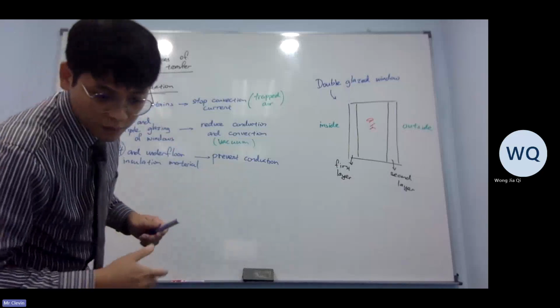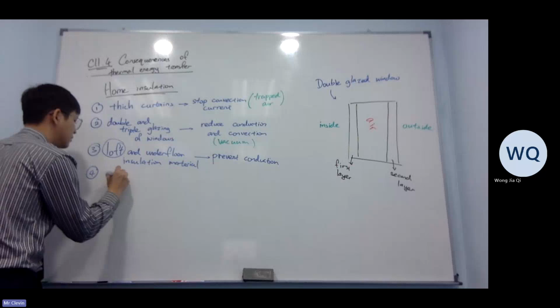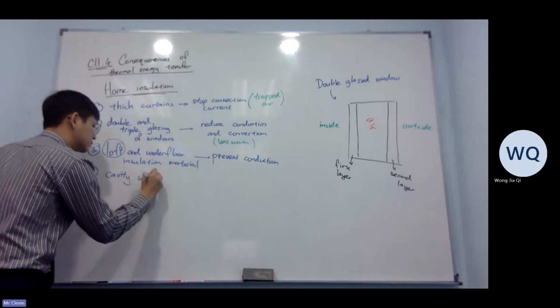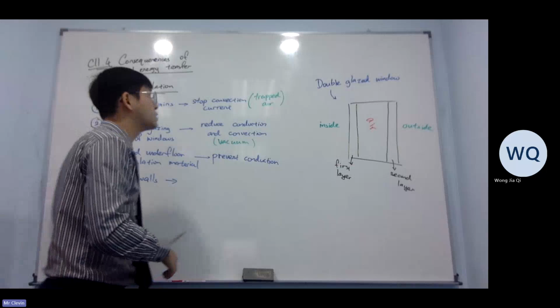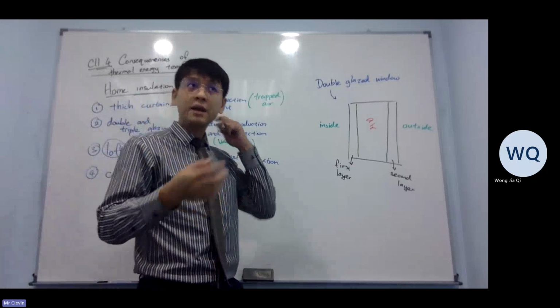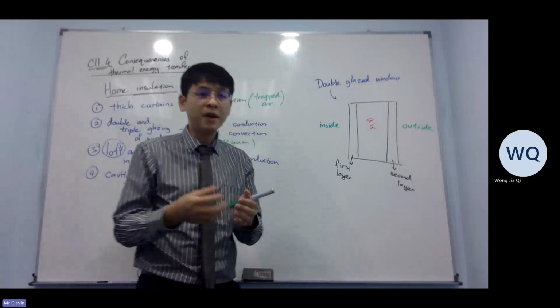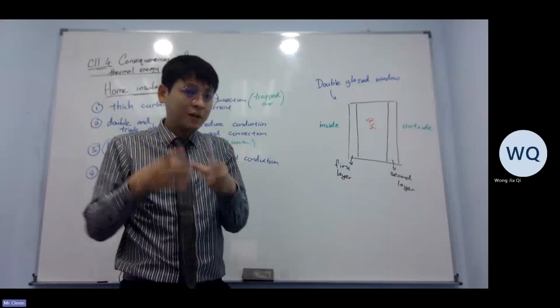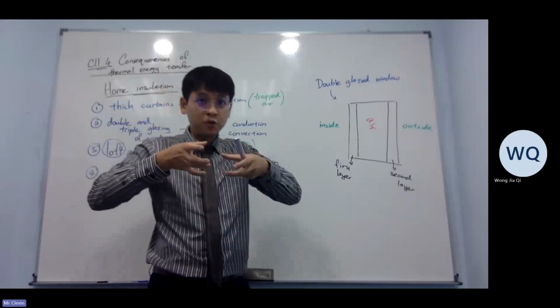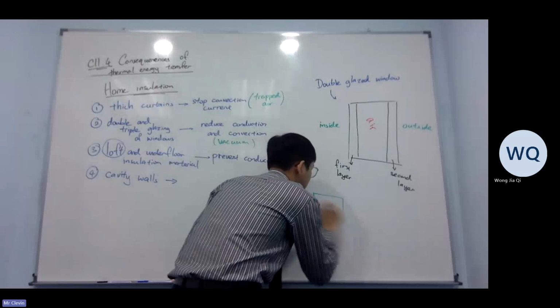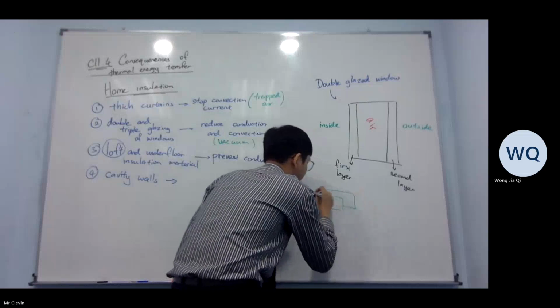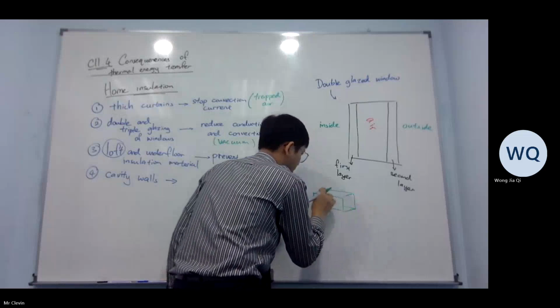Number 4, we will look into cavity walls. What exactly is a cavity wall? When you see buildings or build any house, you look at the bricks. The bricks are not fully solid. If you view it from a top-down view, imagine this is the brick.